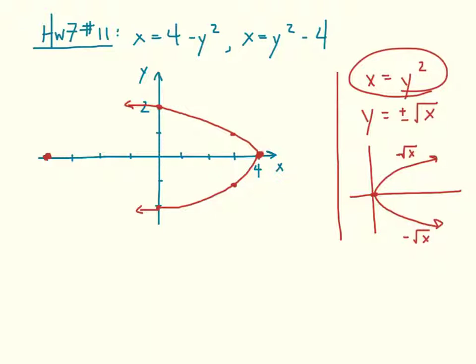If I plug in 1 for y, I get 1 minus 4, which is negative 3. Same deal for negative 1. If we plug in 2 or minus 2, we get 0. So we end up with something that looks like that, except maybe better and more accurate than this picture.